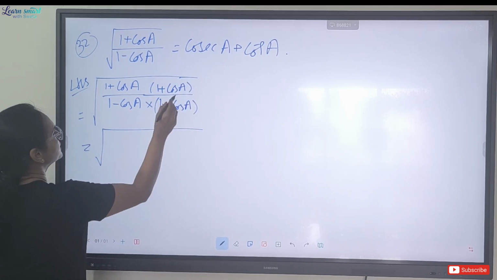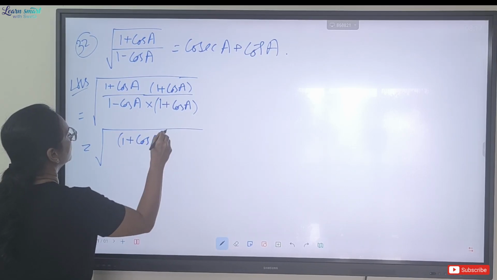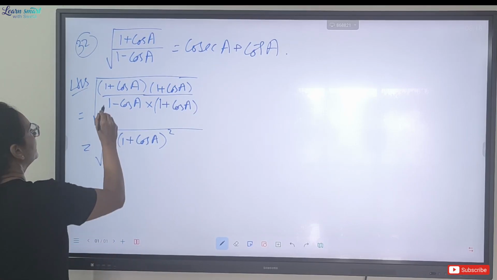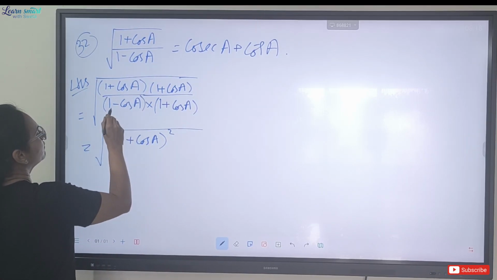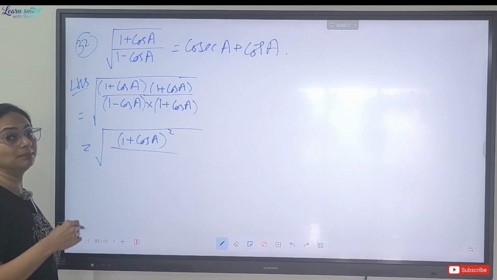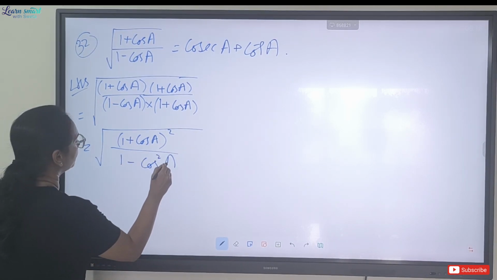We get 1 plus cos A the whole square. And denominator, we have 1 minus cos A into 1 plus cos A, so we can write that as 1 minus cos square A.